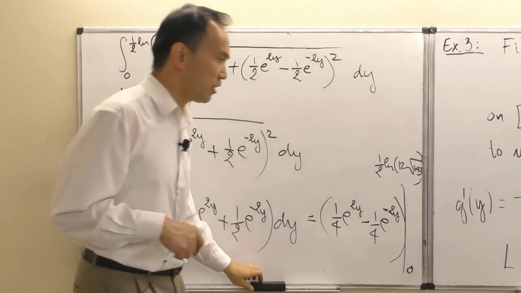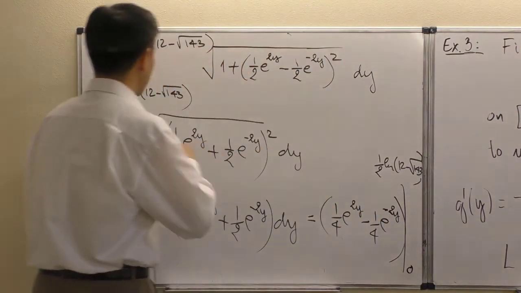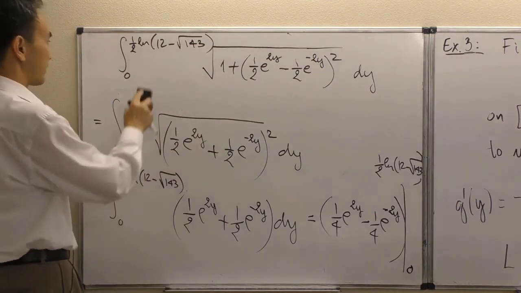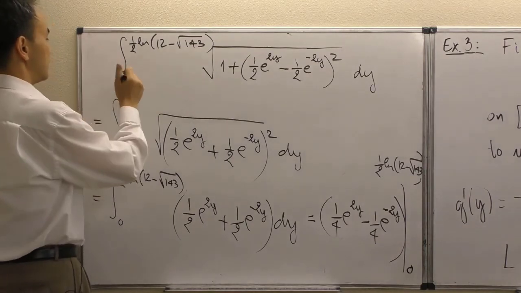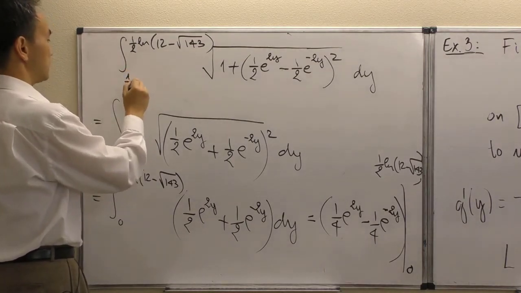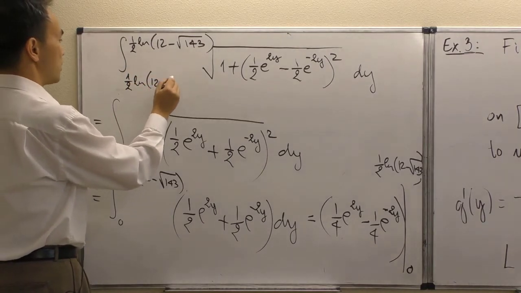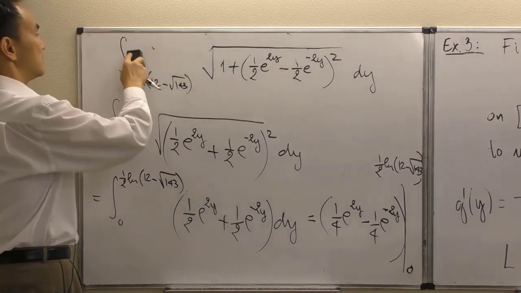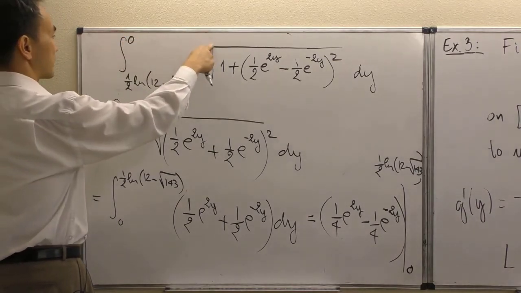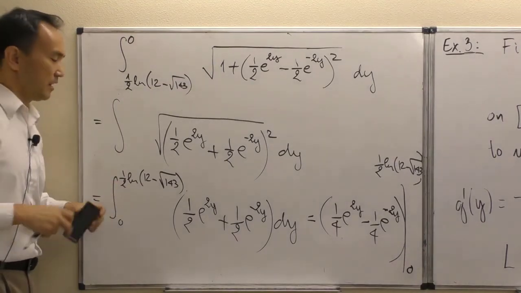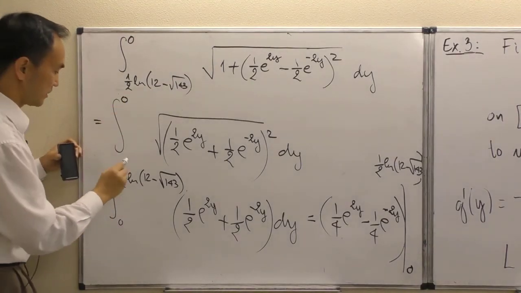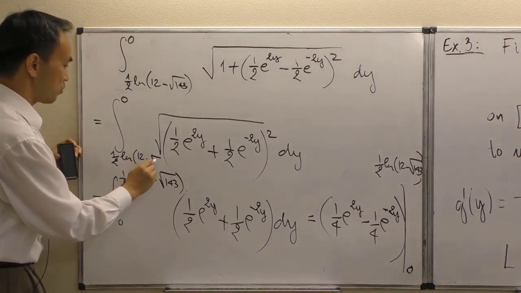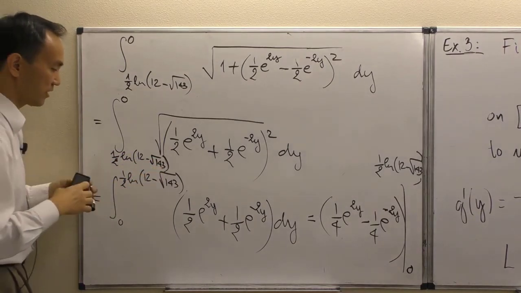And so the integral originally should have been one half at the bottom times natural log of that 12 minus square root 143. Okay, and the upper limit is the 0 value right there. Okay, because that should have been the other way. All right, and so now just like that, there's the 1/2 natural log of 12 minus square root 143 as the bottom end of our integral.